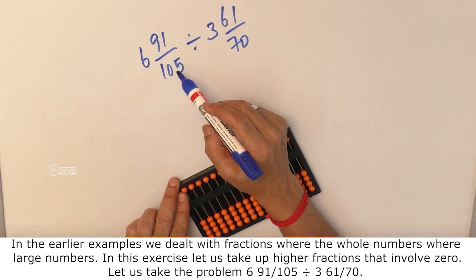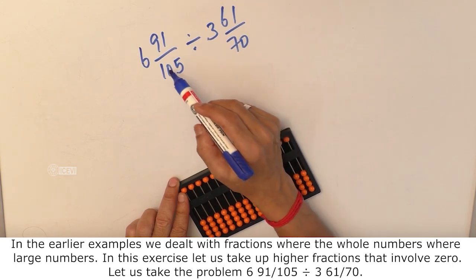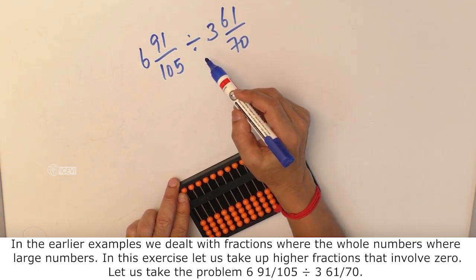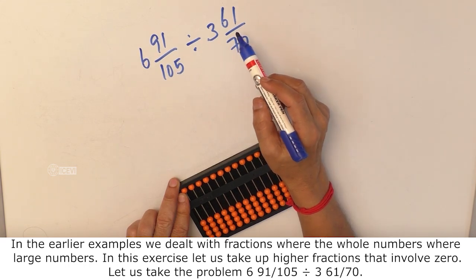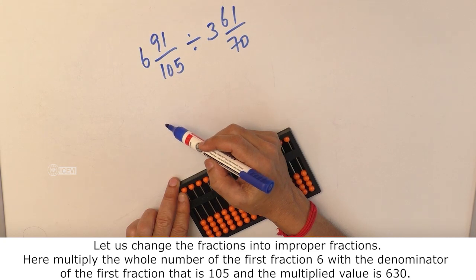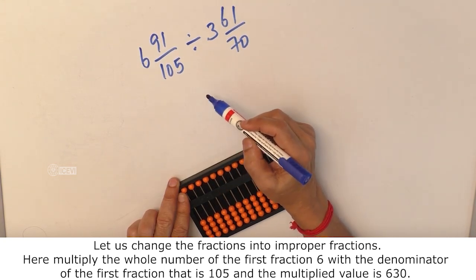Let us take the problem 6 91/105 divided by 3 61/70. Let us change the fractions into improper fractions.